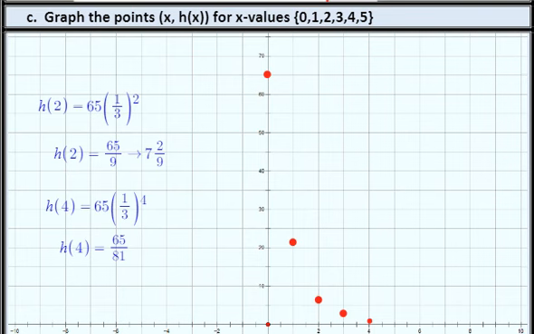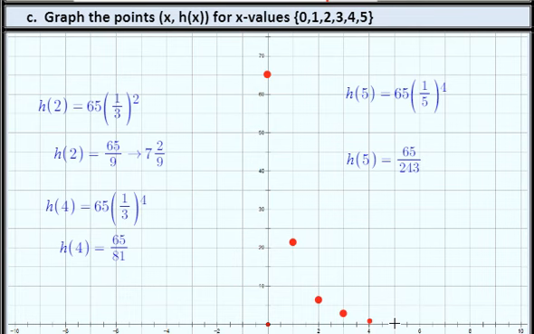Now, the last one we need to do is 5. When I get to 5, and remember, when we did 4 over here, we got a fraction where the numerator was smaller than the denominator. Now the numerator is a lot smaller than the denominator. So 65 over 243. What that means is this is a positive number.